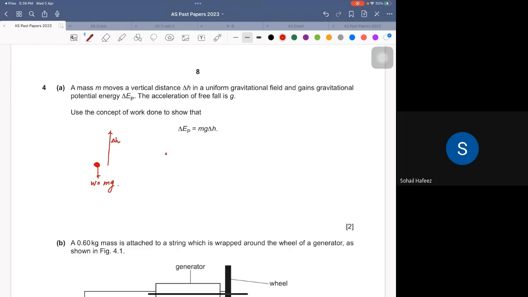So we're going to say the force to do work against is mg, and the height raised is delta h. Okay. So that would mean work done, which is basically force times displacement. This is force mg, displacement is delta h, which is equivalent to change in gravitational potential energy. And that's it.